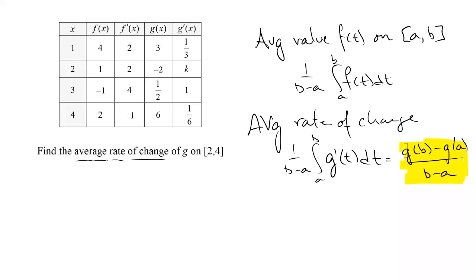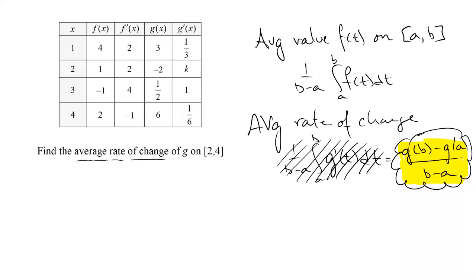If g represented, say, a position, then the change in the position divided by the change in time would give you the velocity. It would give you the average velocity or the average rate of change. That means we don't really even need the calculus in order to do this type of calculation.